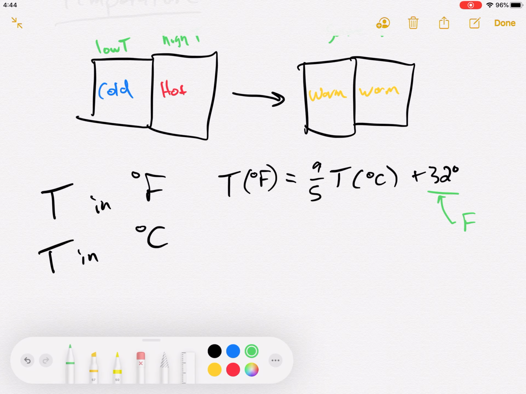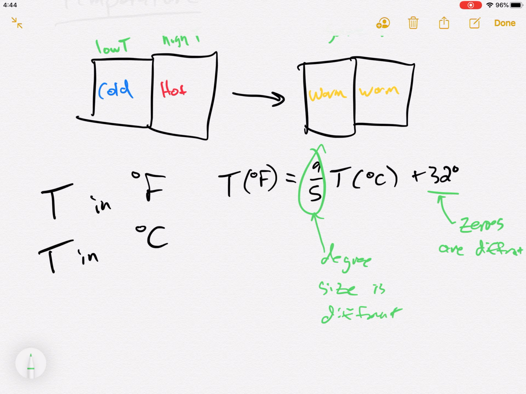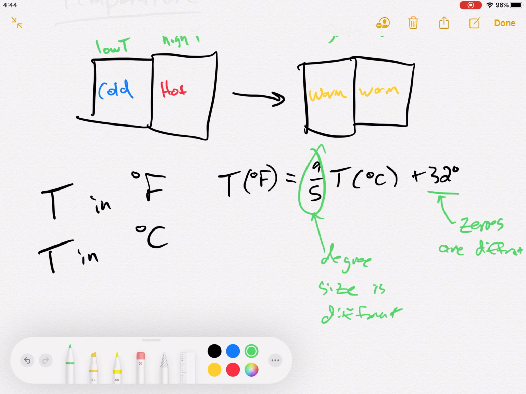But again, the 32 is because their zeros are different. And the 9/5 is because their step sizes, say degree sizes, are different. And you can look at that and figure out which degree step is bigger.